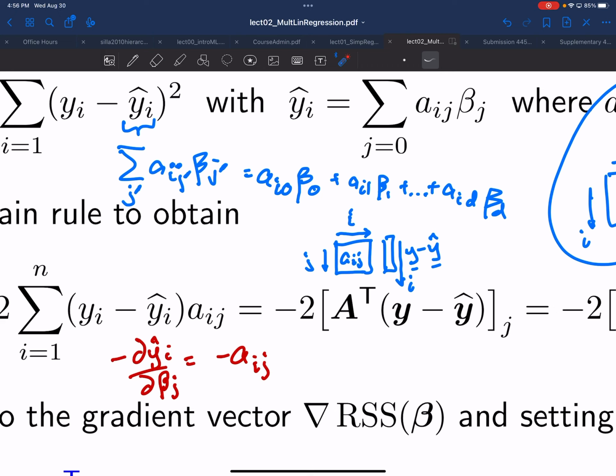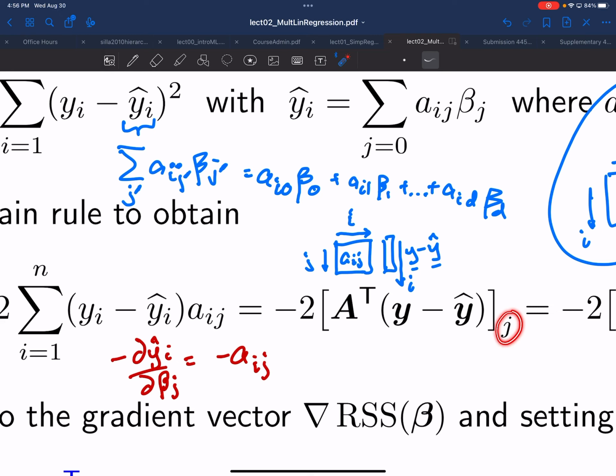So it might be easier to see how you go from here to here. And with practice, you can figure out easily how to go the other way. But so I have this A transpose matrix here. I have this vector. And so if I want to look at the jth entry, so overall this is a vector, right?